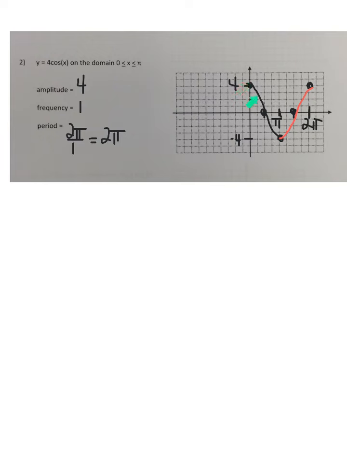Now, if you guys drew this whole thing in one color, that's totally fine. Guess what? Just erase this part right here that I have in red. So the answer is really just from 0, 4 down to pi over 2, 0, and then down to pi, -4. Only this part right here is your answer, okay, because of that domain.